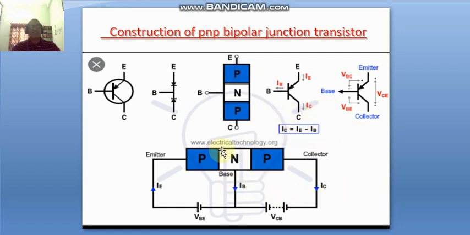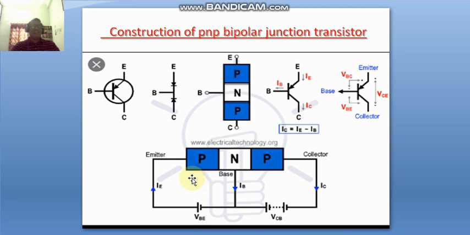Coming to the construction part, the P type semiconductor material acts as the emitter. This emitter is connected to the positive terminal of the battery, and the base is connected to the negative terminal of the battery, because this is acting as the input circuit.